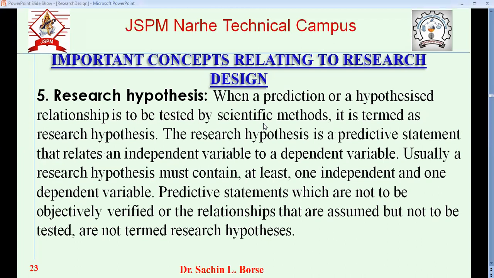You have already seen the research hypothesis. When a predicted relation is to be tested by a scientific method, it is called a hypothesis. We have already seen that a hypothesis is a guess or prediction. When we test it by a scientific method, it is called a research hypothesis.